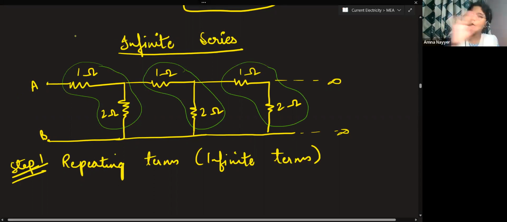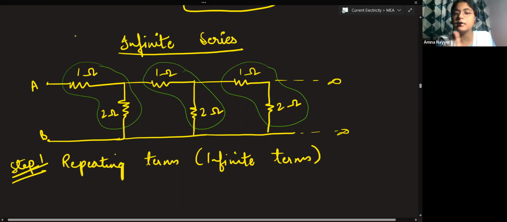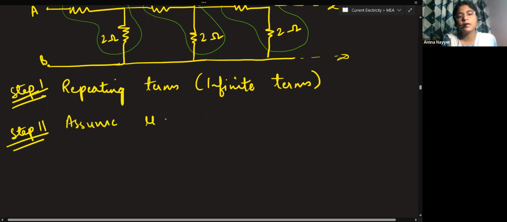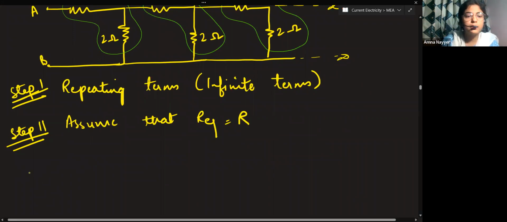Then assume that the whole net equivalent resistance of all these infinite series is capital R. Capital R is the net equivalent resistance, which means your answer is capital R. So in step 2, just assume that R equivalent is R. R equivalent means for the whole series it is capital R. Step 3.